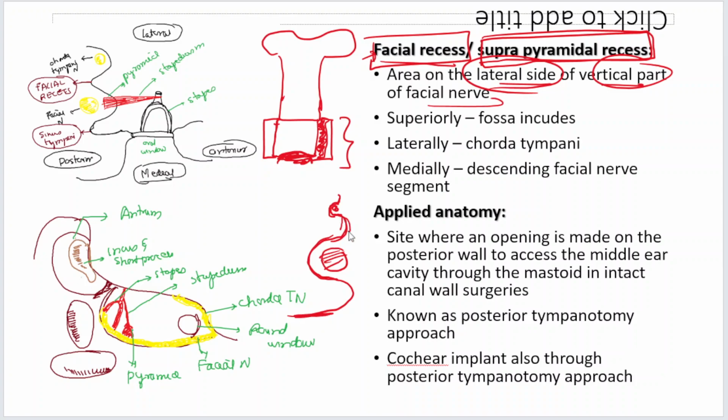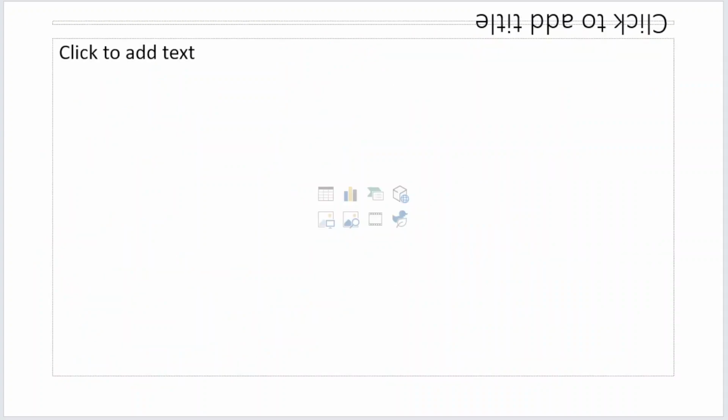This recess, this depression seen from above downwards, is very difficult to look at. That is called the facial recess, which is present lateral to the vertical part of the facial nerve. Okay, so coming to that diagram again.